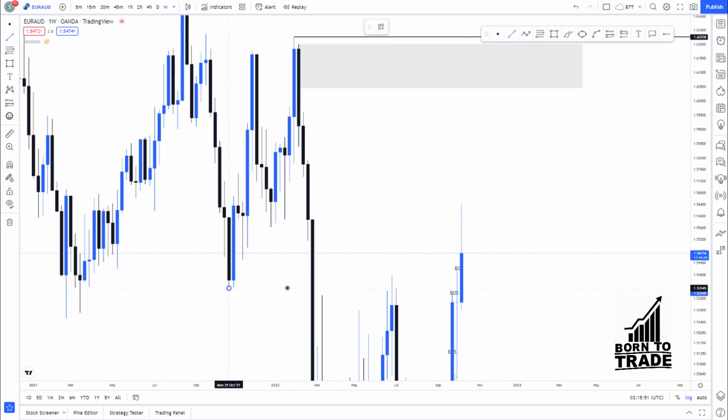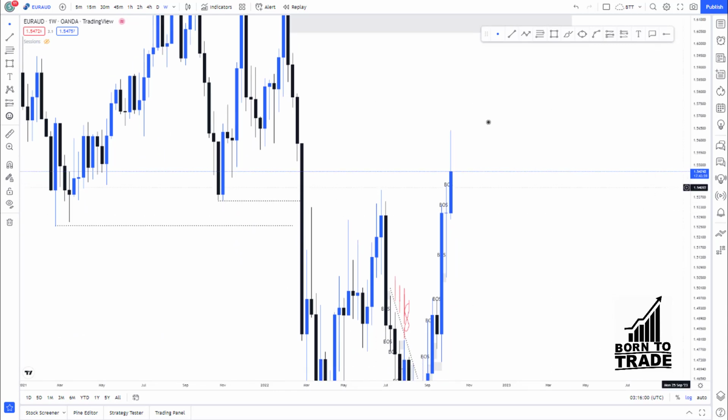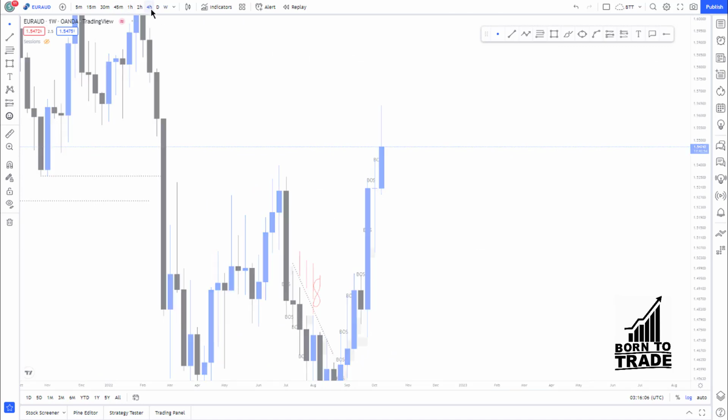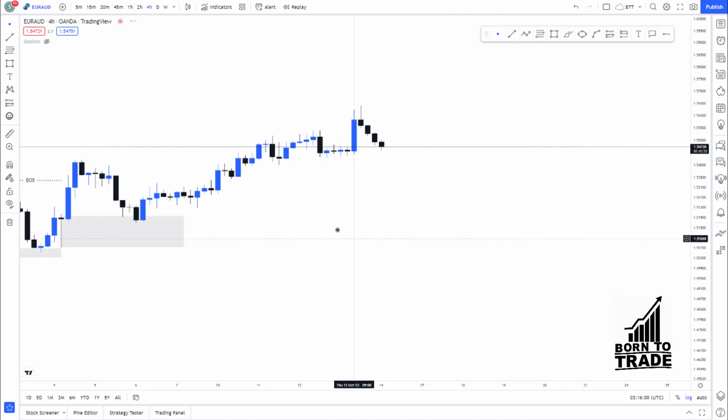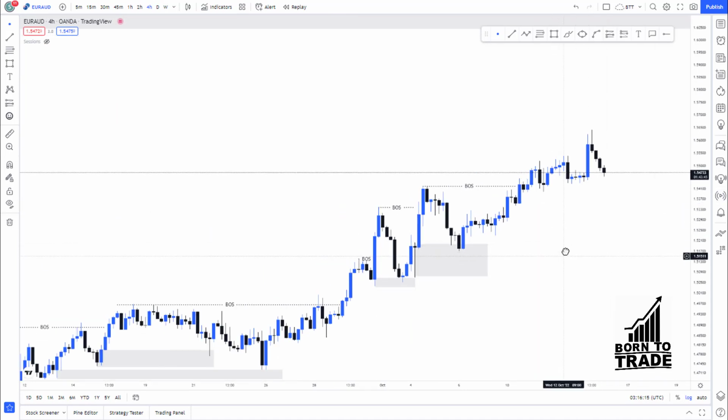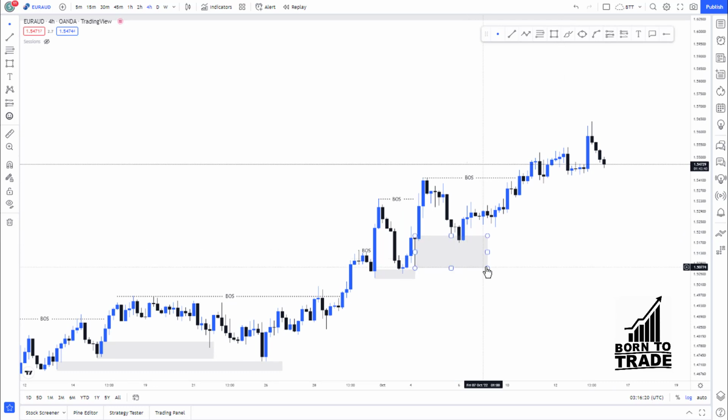You can see we got a break over here, and we equally have another break over here to the downside. Those breaks push price to the downside, and this is where I'll be expecting to get involved in a possible reversal. But if you try to trade the continuation, trying to ride the flow of the market, you would have made a lot of profits by now.